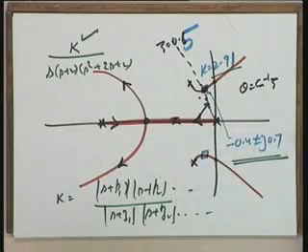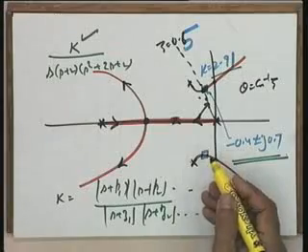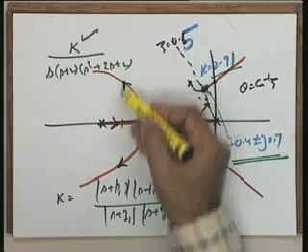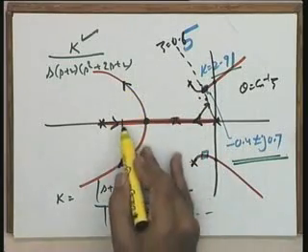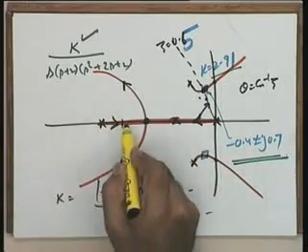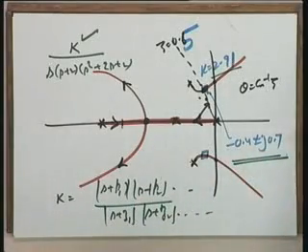Using a computer you will immediately do it, but by graphical methods it's trial and error. You can take a point over here, apply the angle criterion or the magnitude criterion on this point and calculate the value of k, and by trial and error find a point which roughly gives you k equal to 2.91.